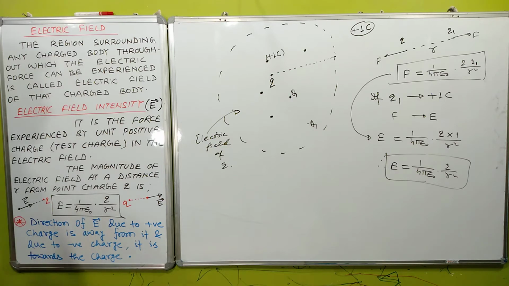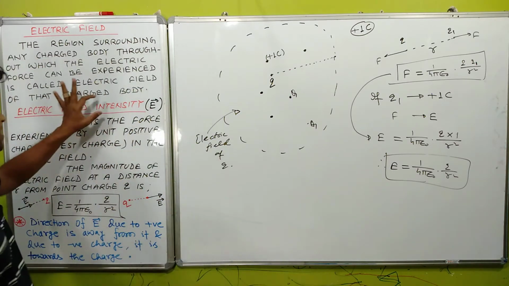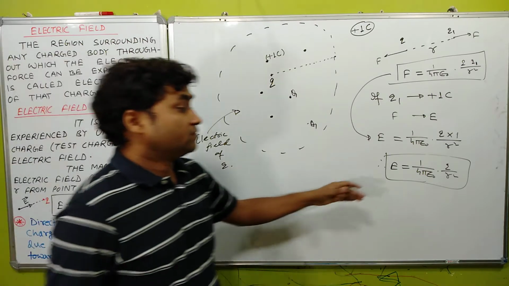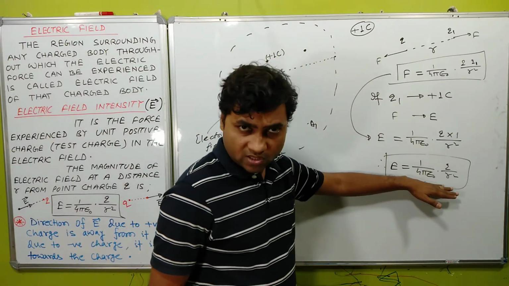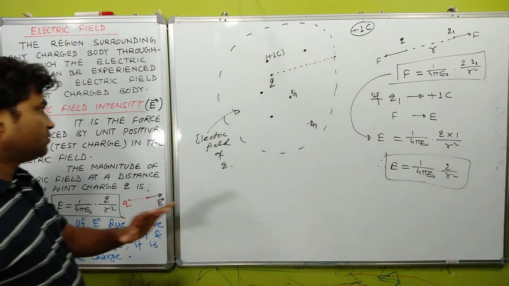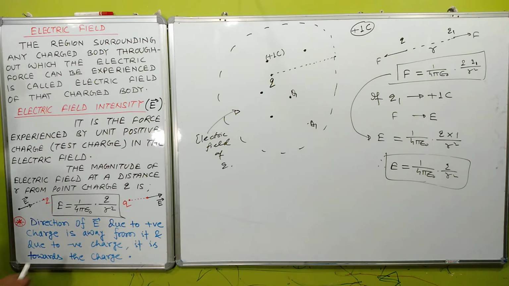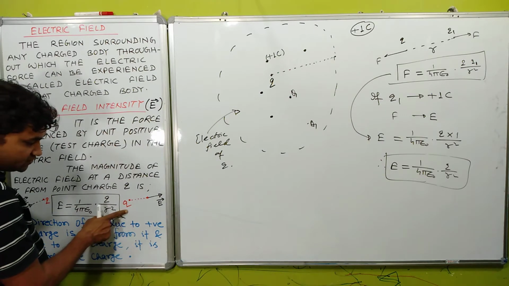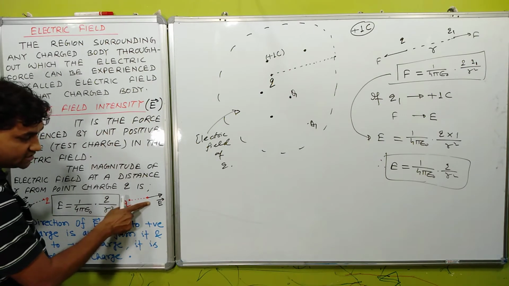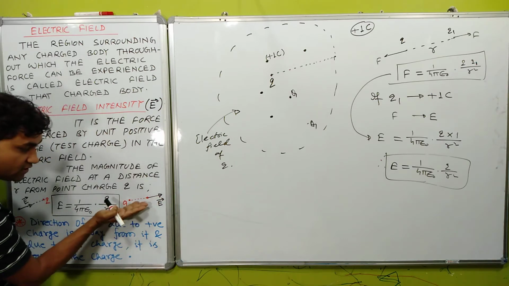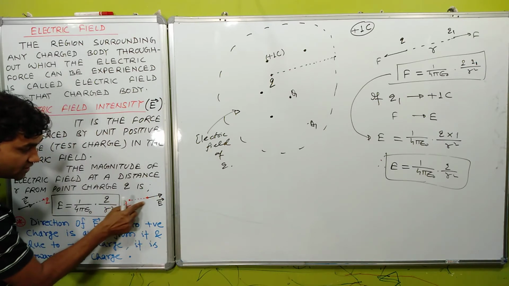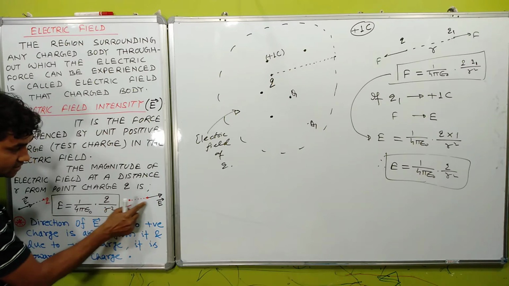You have to remember one thing. Electric field intensity is a vector quantity. Magnitude you can calculate from this formula. And for direction, remember that due to a positive point charge, the direction of electric field will be away from the charge and along the line joining the point and that charge.